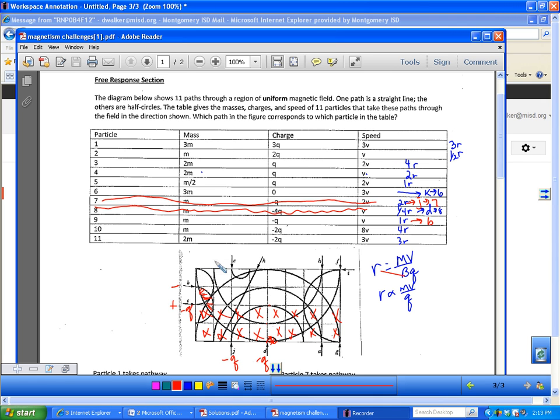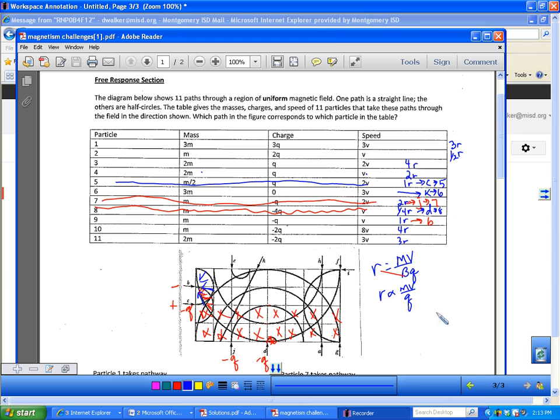So I said, well, heck, I'm going to try my right hand. So I did, and my right hand makes the force be applied in that direction toward the center of the circle, which is exactly what I want. So I know that particle C has a radius of 1 and it's a positive charge, so 1 radius, positive charge right here, tells me that number 5, particle 5, is taking pathway C. Okay.